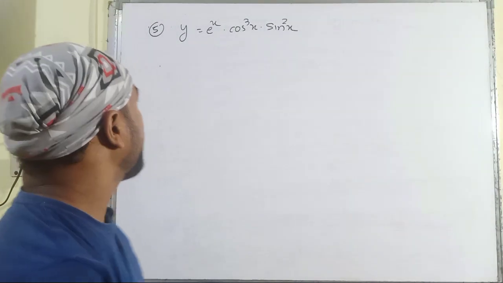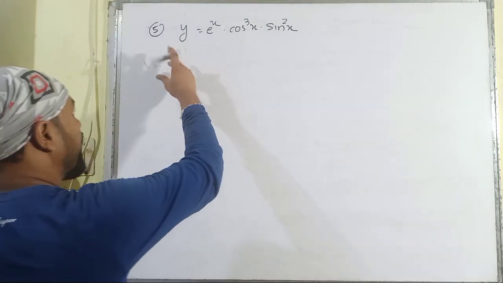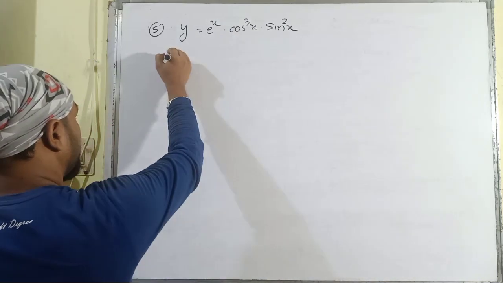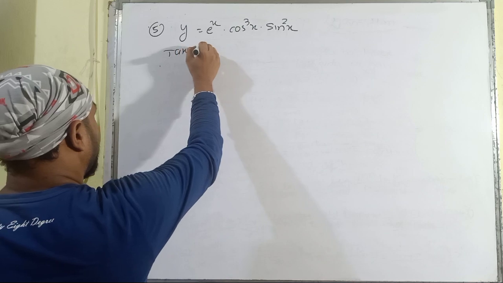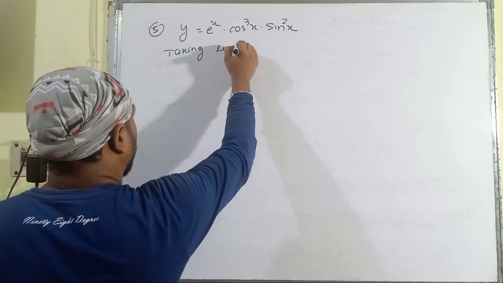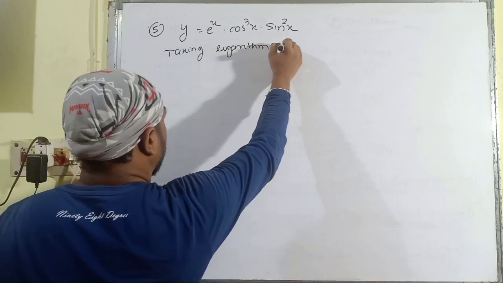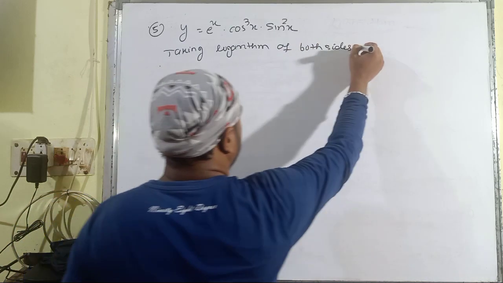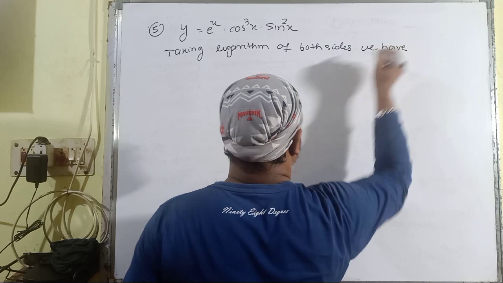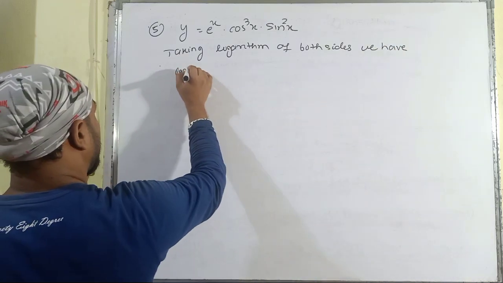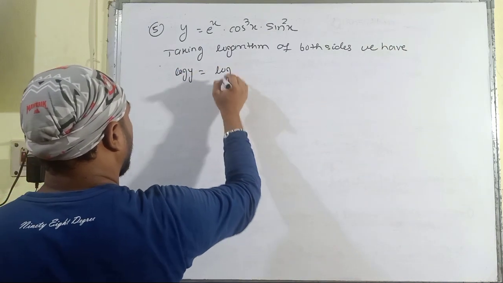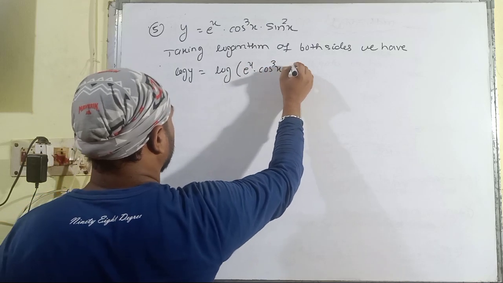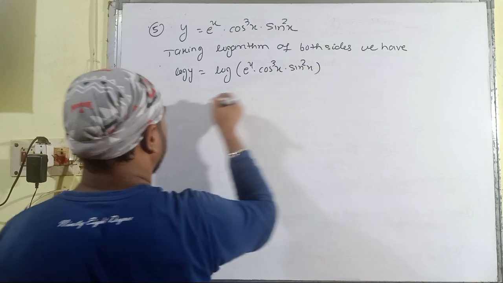Solving problem number 5, it is given that y is equal to e to the power x multiplied with cos cube x multiplied with sin square x. Taking logarithm of both sides, we have log y is equal to log of the multiplication of e to the power x, cos cube x and sin square x.